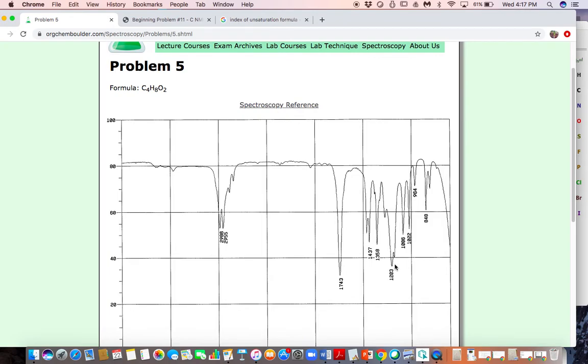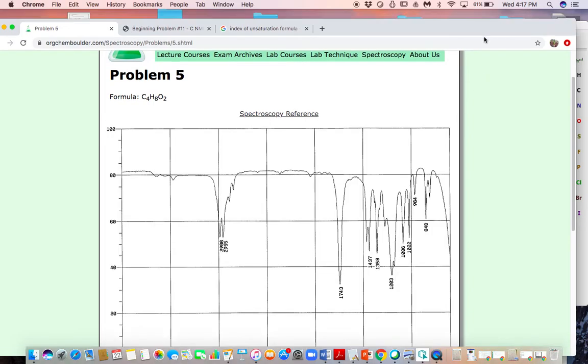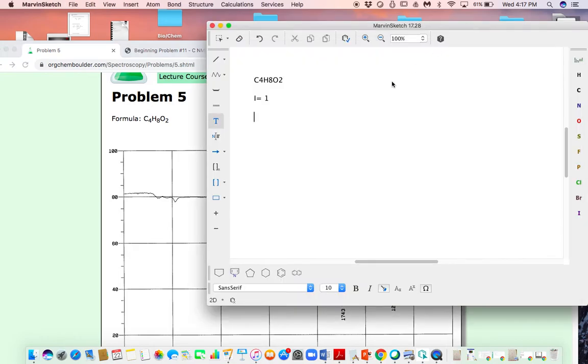They're signified by two peaks, both of them between 1300 and 1000, and we see that here. So what I get from the IR analysis is that I think we have an ester group.